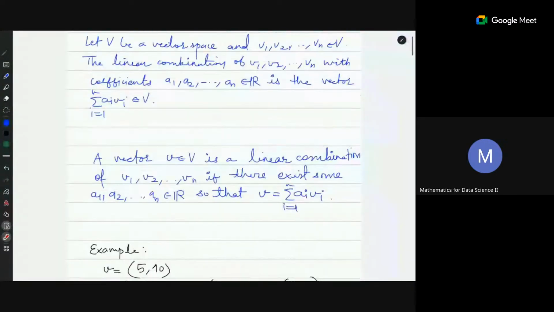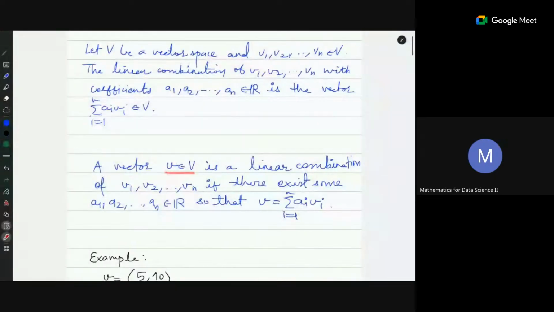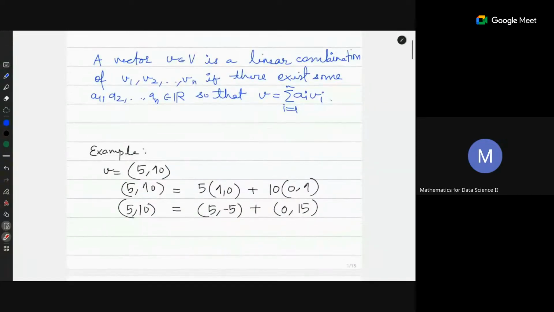Now, you say a vector is a linear combination of other vectors. For example, vector V is a linear combination of other vectors V1 to Vn if there exist some real numbers A1 to An such that it can be written as the sum of scalar multiples of these vectors. Now let's have a look at an example.